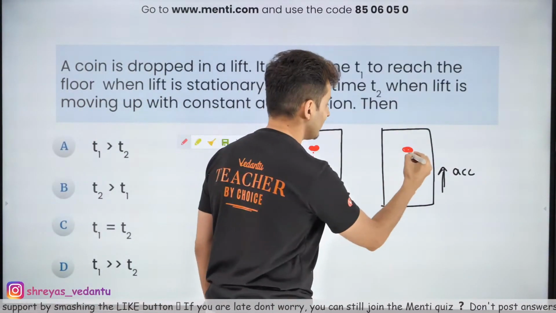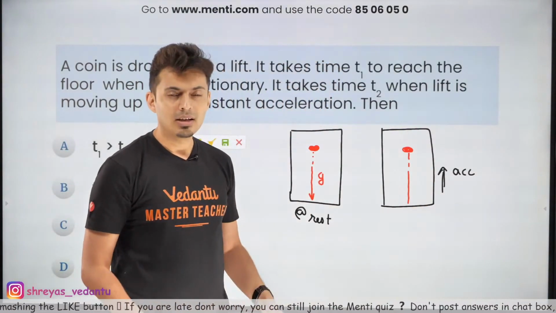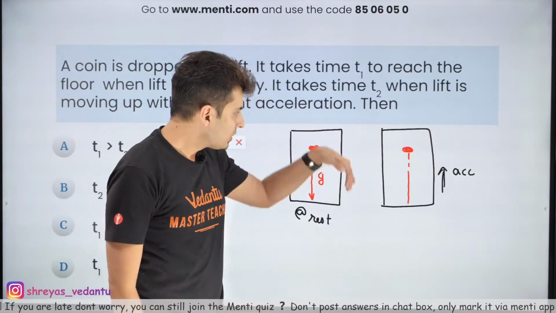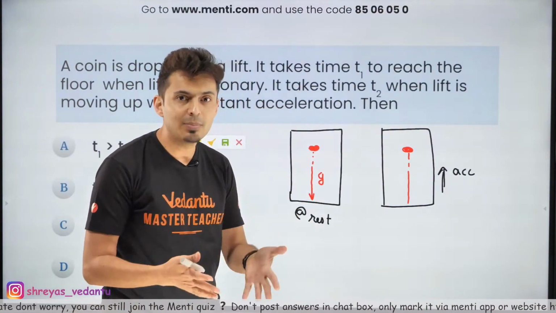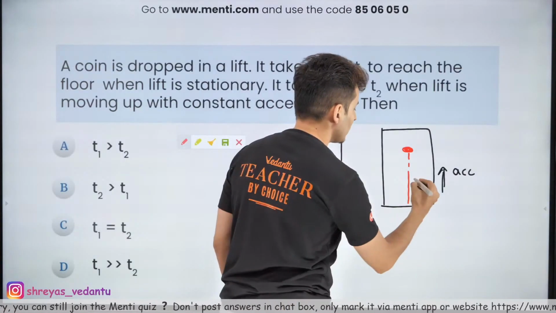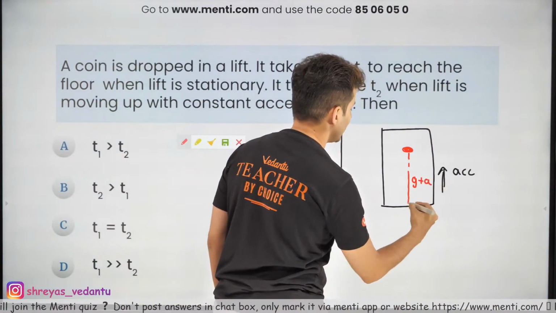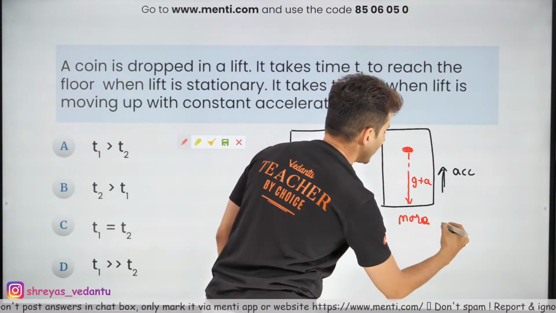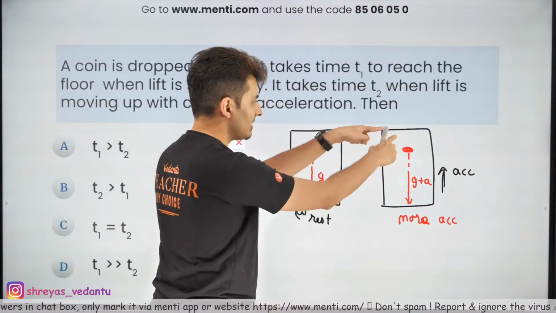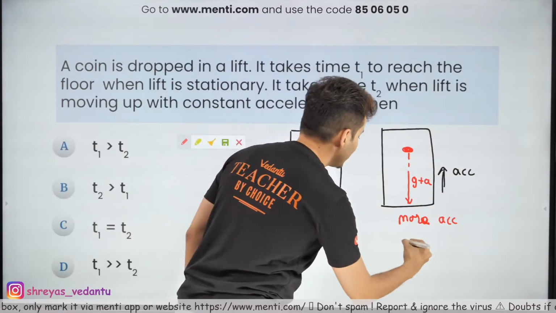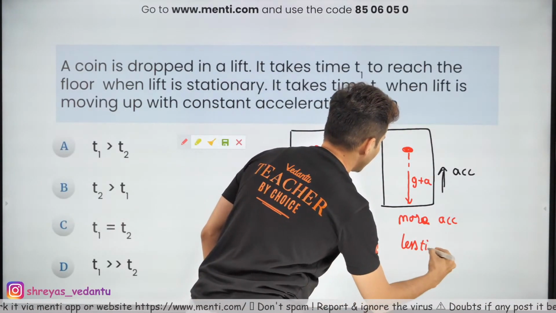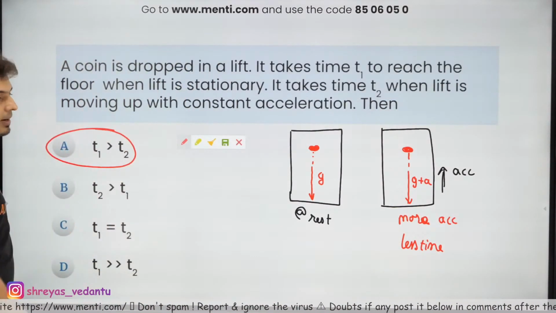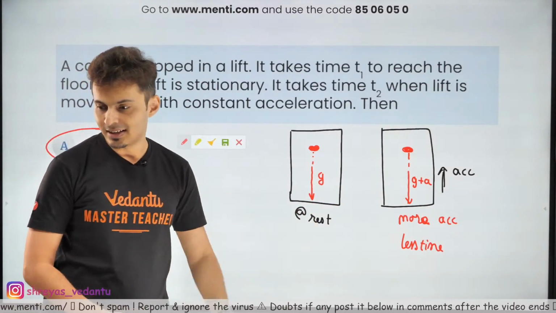But if the lift accelerates upwards, think about it. If the lift goes up, everything will be pushed down. Pseudo force will be down. Pseudo force and weight will help each other. So g plus a. So the perceived acceleration will be g plus a. So here you have more acceleration. If it is accelerating faster, that means it will take less time. So less time means t2 will be less than t1. That's the answer.